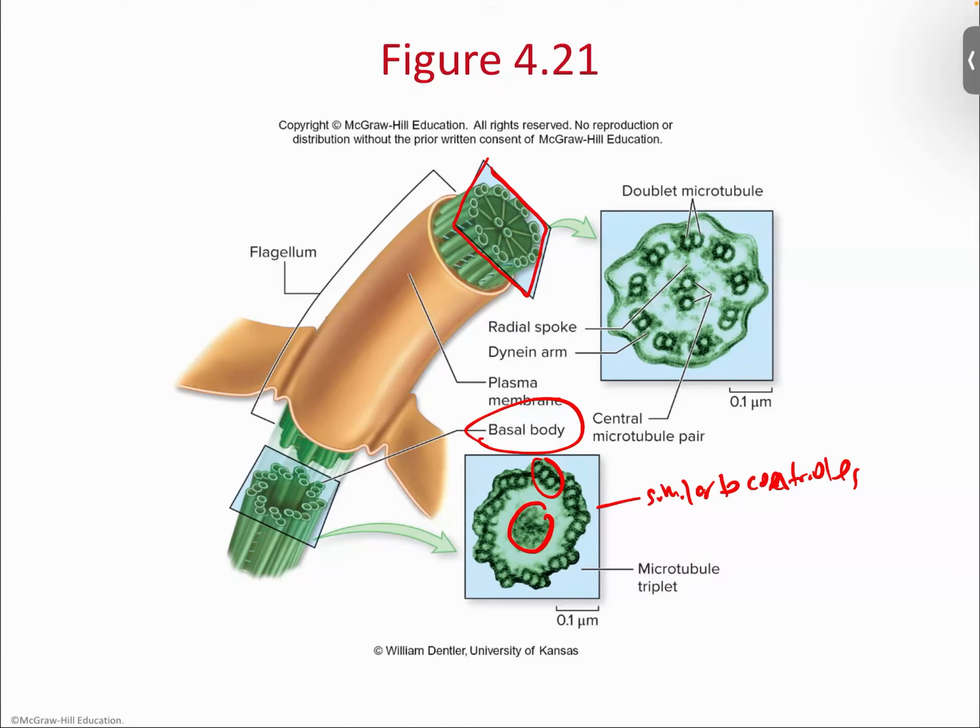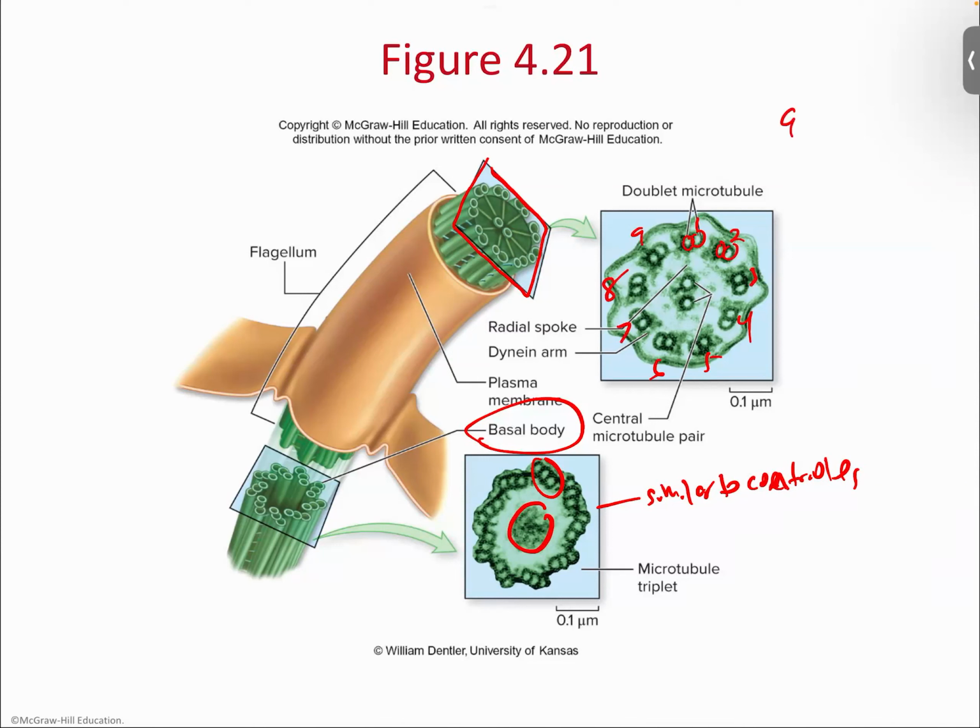So once you actually get your flagella built out a little bit, what you're going to notice is, first of all, you have now not triplets, but doublets. And you have 9 of them, right? You have 1, 2, 3, 4, 5, 6, 7, 8, 9. So that's what the 9 is.